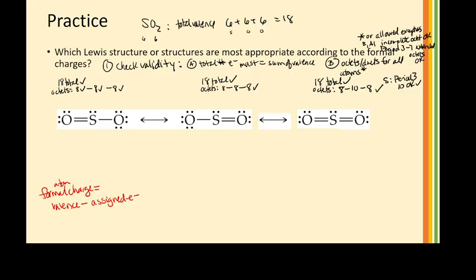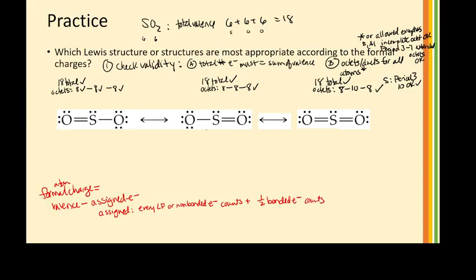So I look up the valence, and for the assigned electrons, remember, there are two ways to count it. The way that makes sense logically is that every lone pair or non-bonded electron counts, plus half of the bonded electrons count.